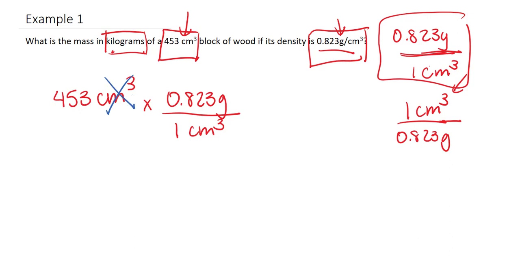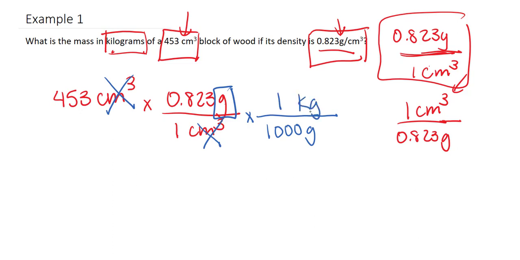So what's important about this? This crosses out. That's really important. Then we're left with grams. So we can do two things. We can either keep converting, because we need to go from grams to kilograms, which we remember, right? We have 1,000 grams is equal to 1 kilogram, right?